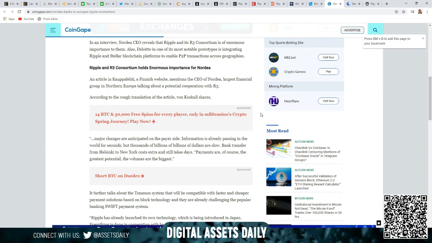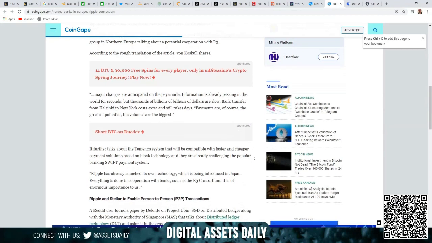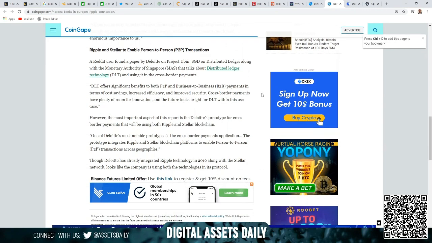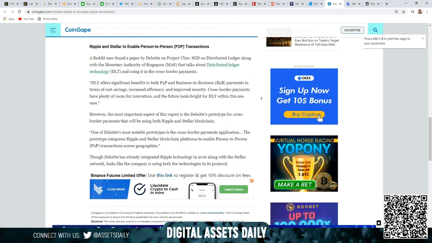Also, Deloitte, in one of the most notable prototypes, is integrating Ripple and Stellar blockchain platforms to enable P2P transactions across geographies. And then as we get down into the article just a little bit, let's scroll down a little bit more. Ripple and Stellar to enable person-to-person transactions.